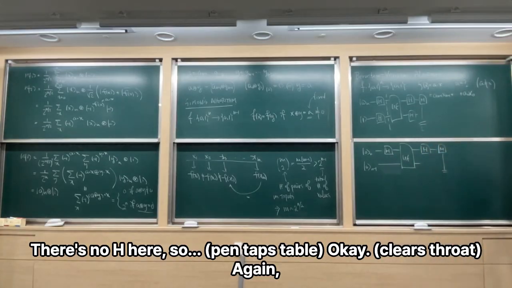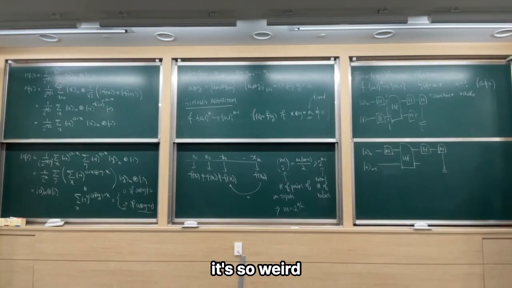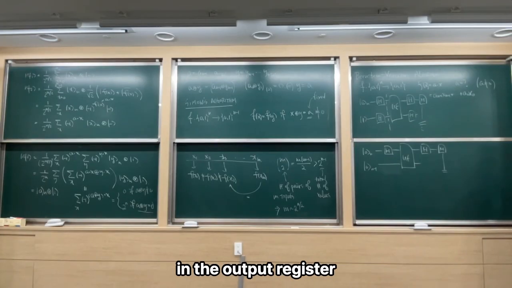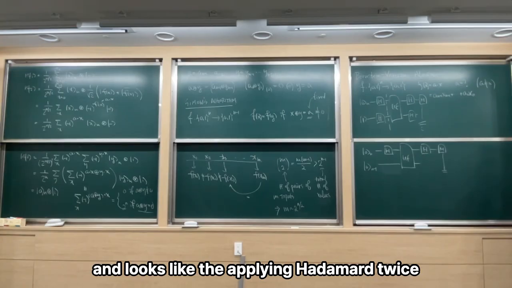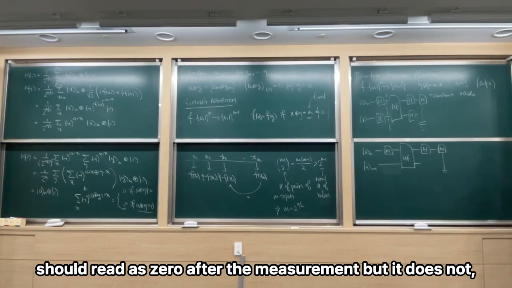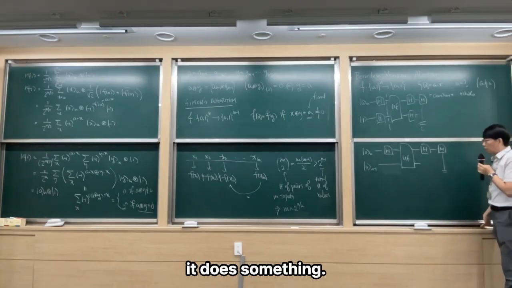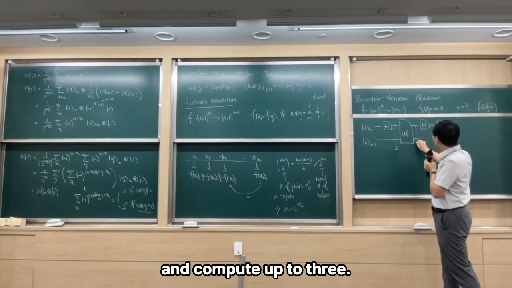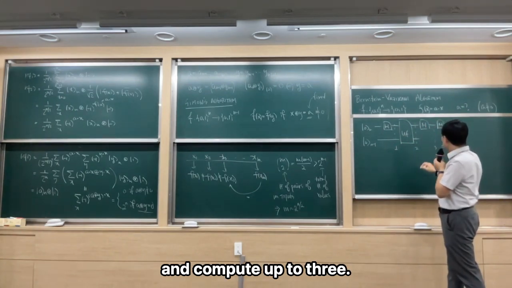Again, it's so weird that there's nothing going on. It looks like there's nothing going on in the output register, and it looks like applying Hadamard twice on the input register should read as 0 after the measurement, but it does not. It does something.